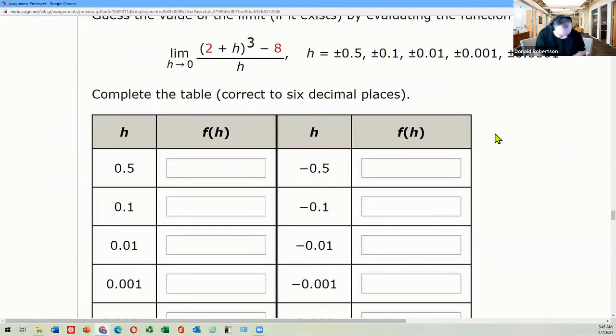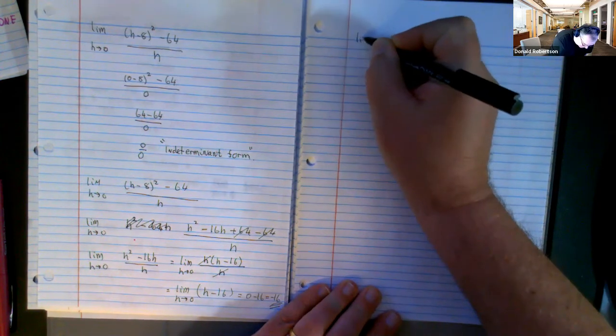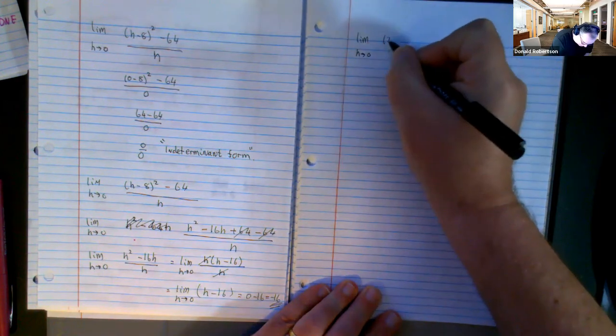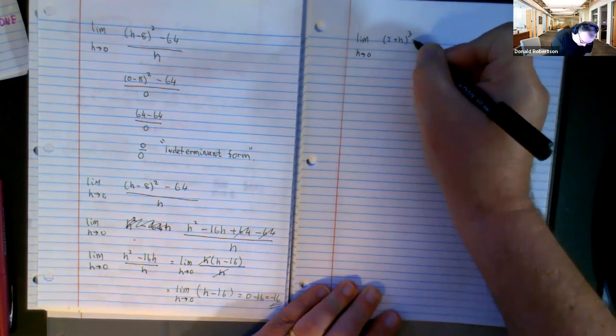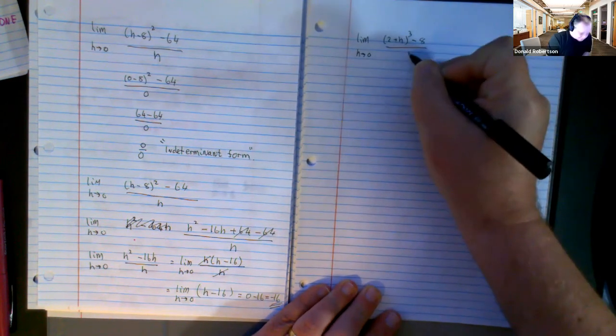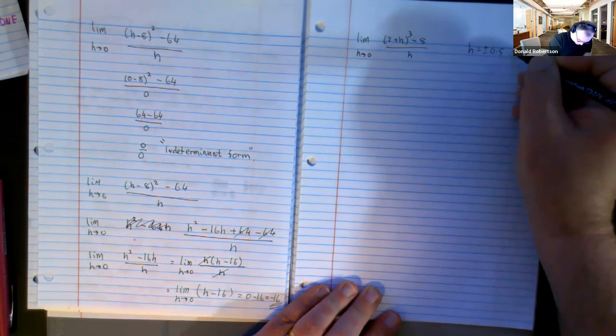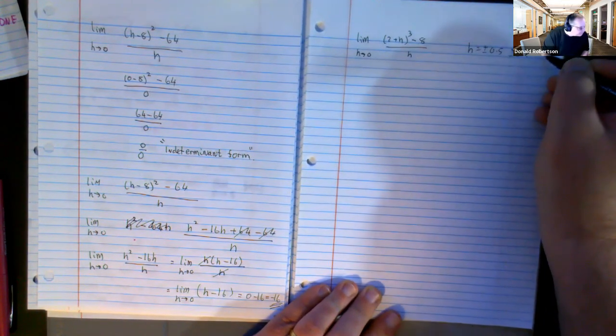The last thing that we're going to look at is how to find limits using tables of values. I'm going to show you a cheat for that. We are interested in the limit as h tends to 0 of (2 plus h) cubed, take away 8, over h, and then it has a whole load of values that you're going to use for h, tons and tons of them.